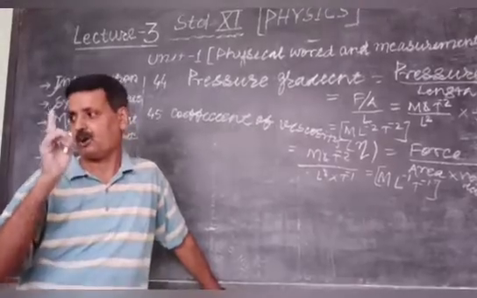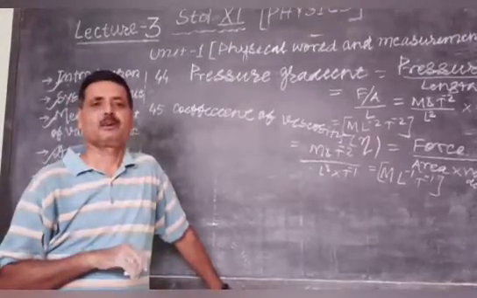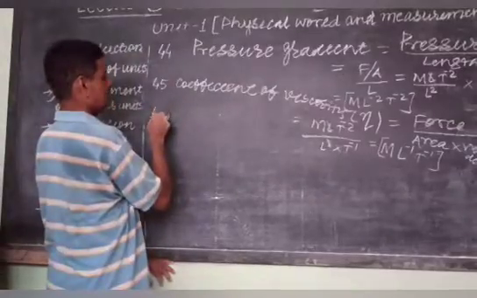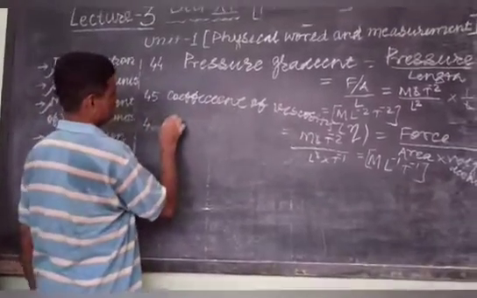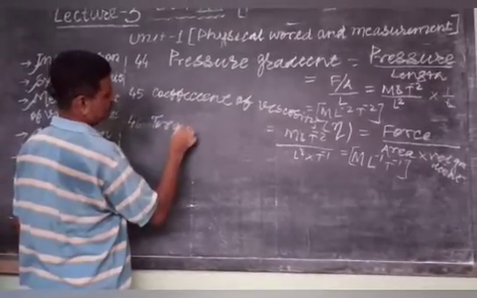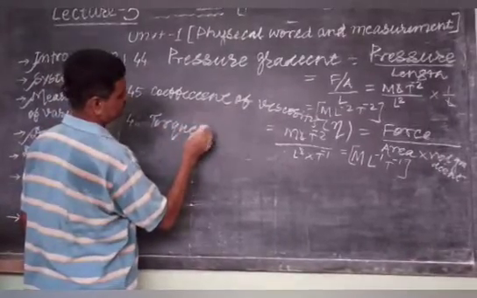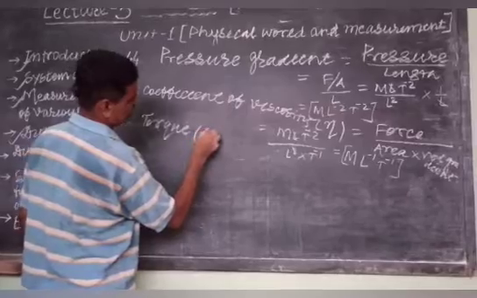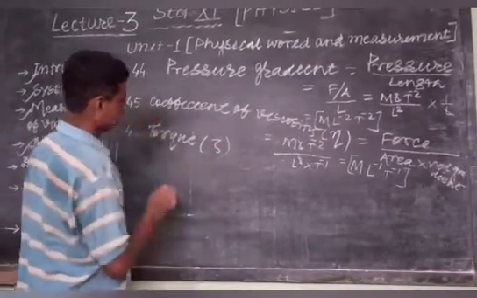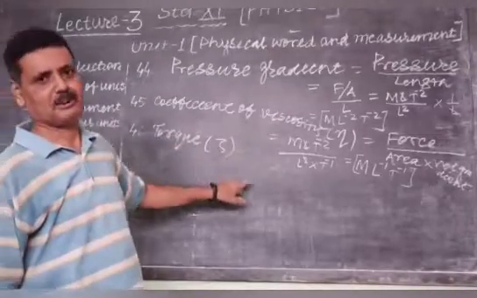Next is torque, serial number 46. Torque is denoted by tau.